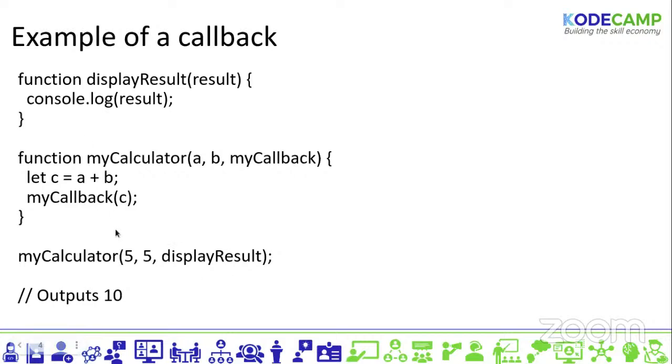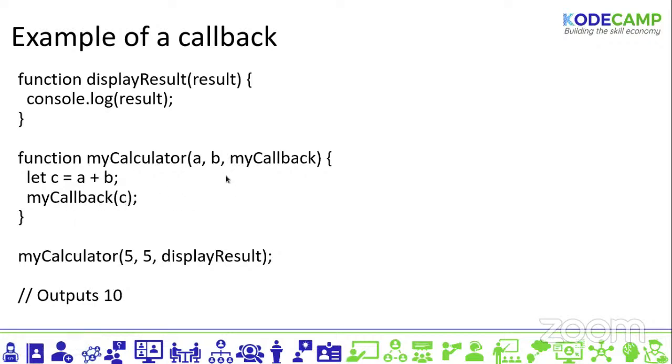So if we run this now, what is going to happen is my calculator will be the first function called. Then my calculator will add A and B, and the result is C. And then we are passing C to the callback.